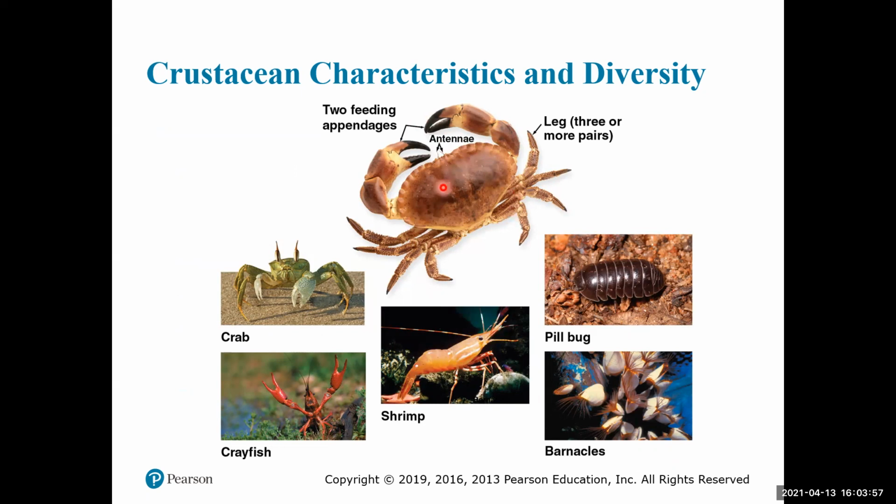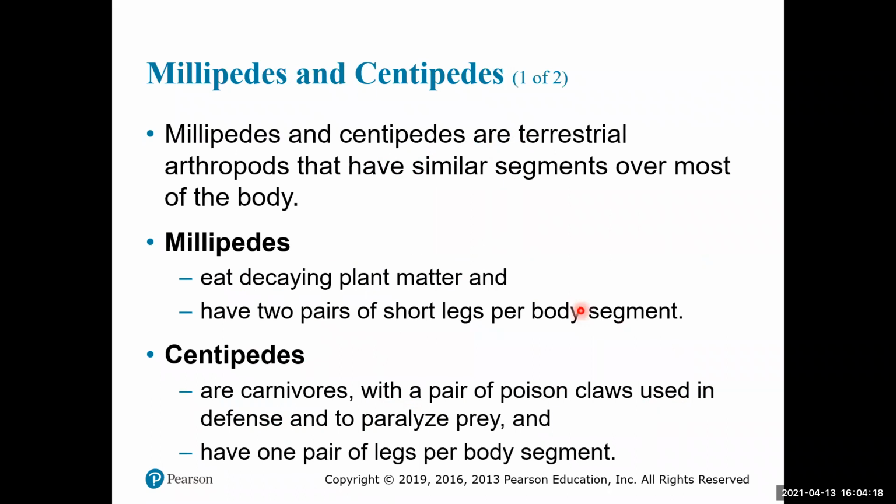And then here is just an anatomical image showing the different structures. So 3 or more pairs of legs. They have the antenna. They have feeding appendages. All right, and so again, most of them are aquatic species, with that small group of isopod species being terrestrial.